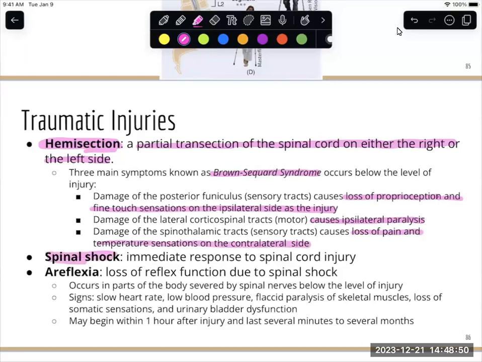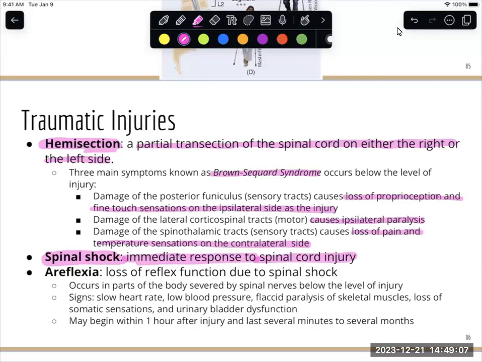Spinal shock is somebody who has spinal cord damage. It's usually an immediate response to some sort of injury, but usually over time it will come back.